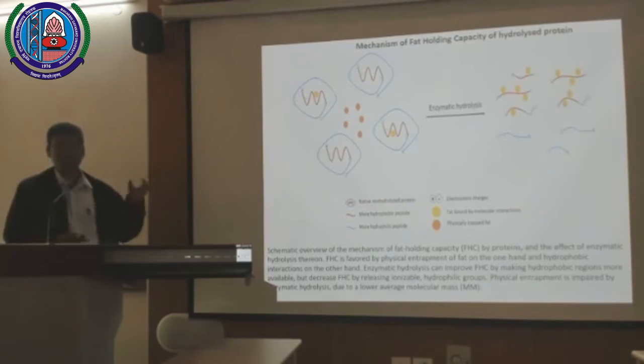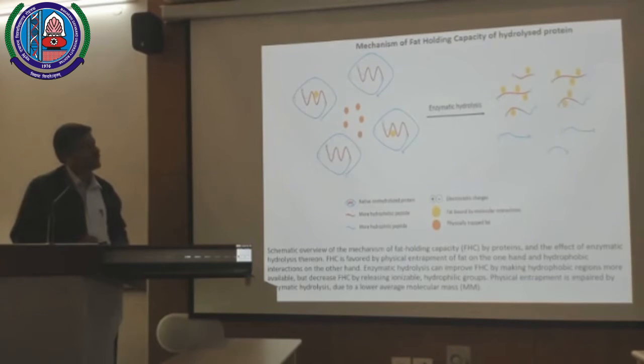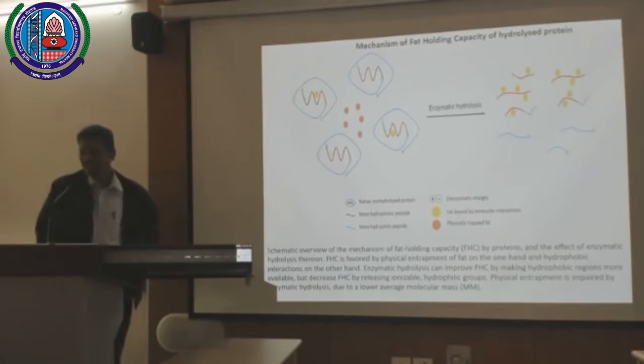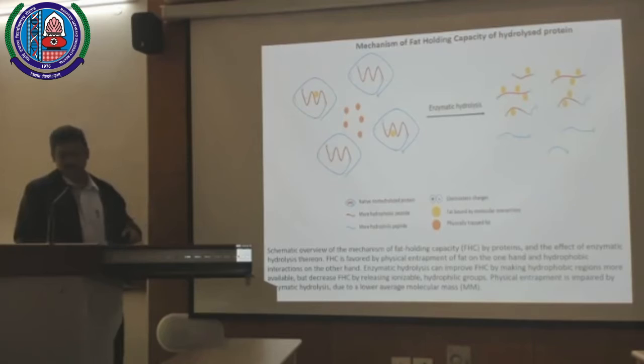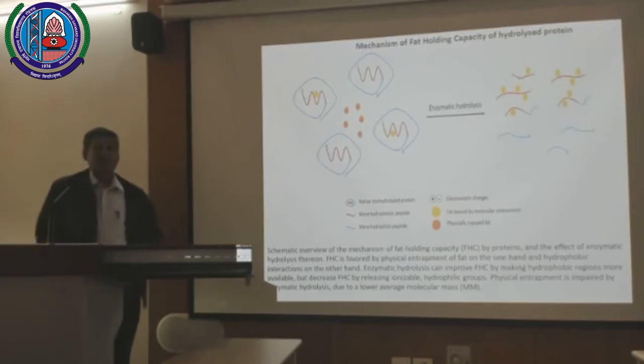This is happening before the hydrolysis. You have the same native protein. Then you do the enzymatic hydrolysis. Then in the environment of the molecule, you can see the hydrophobic regions are available, the ionizable groups are ionized, and then hydrophilic groups are exposed. Means by doing hydrolysis, you are exposing the hydrophobic groups, and you are making the area more available.